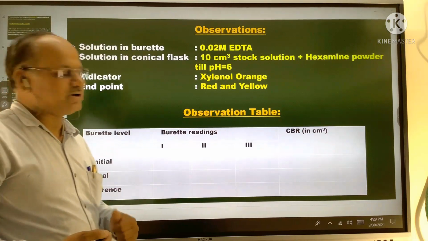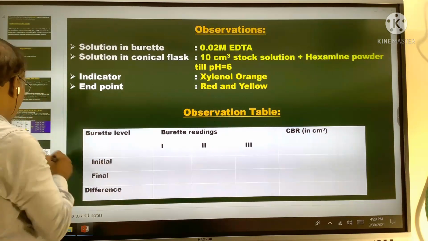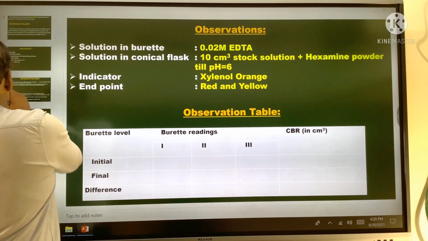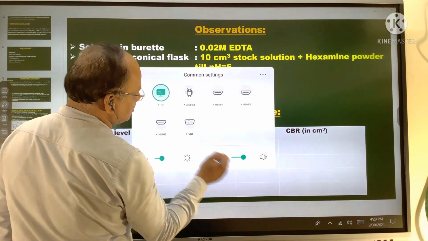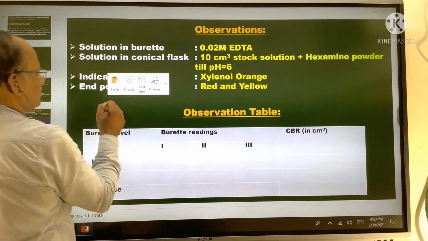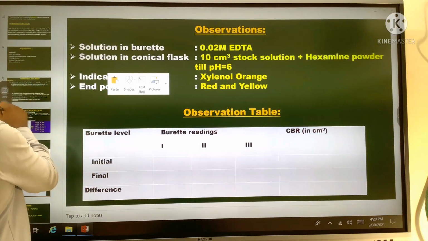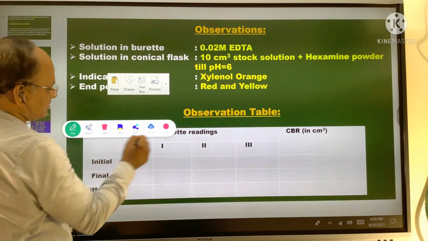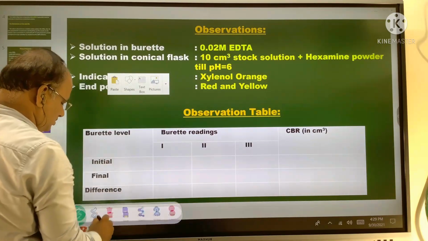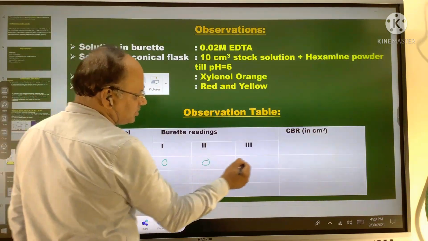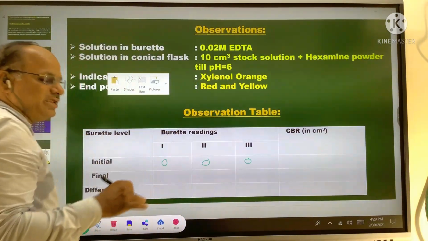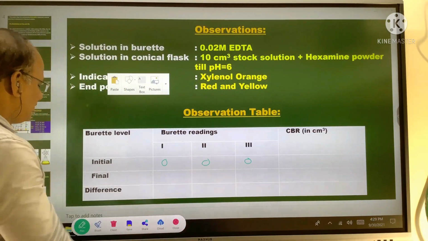If you take the constant burette reading, initially you adjust the burette reading to 0, at the 0 level.